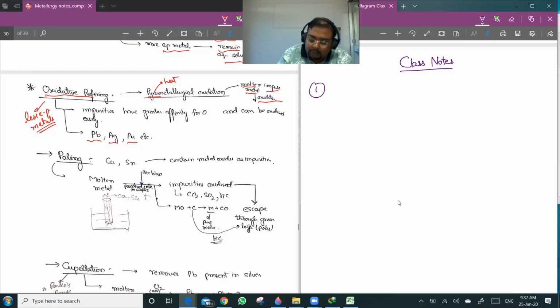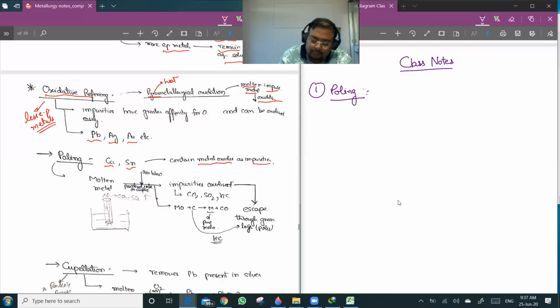The first one is Poling. Poling is generally used for copper and tin, which contain metal oxides like Cu2O and SnO as impurities.